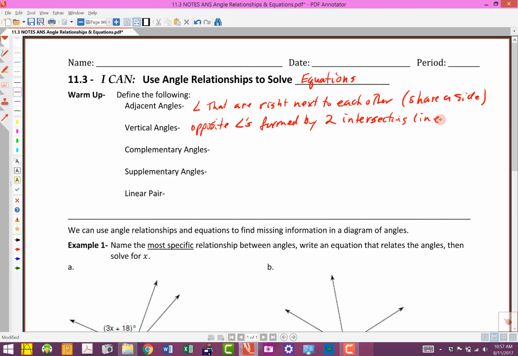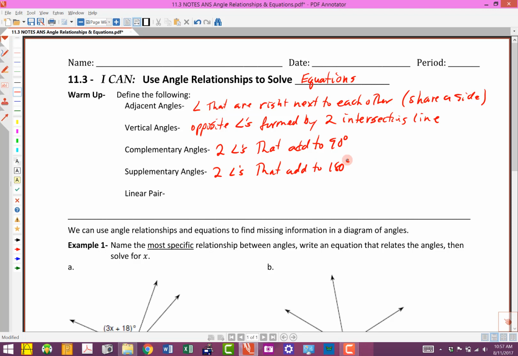They're always equal to each other in size. Okay. Complementary angles, two angles that add to 90 degrees. And supplementary, two angles that add to 180 degrees.